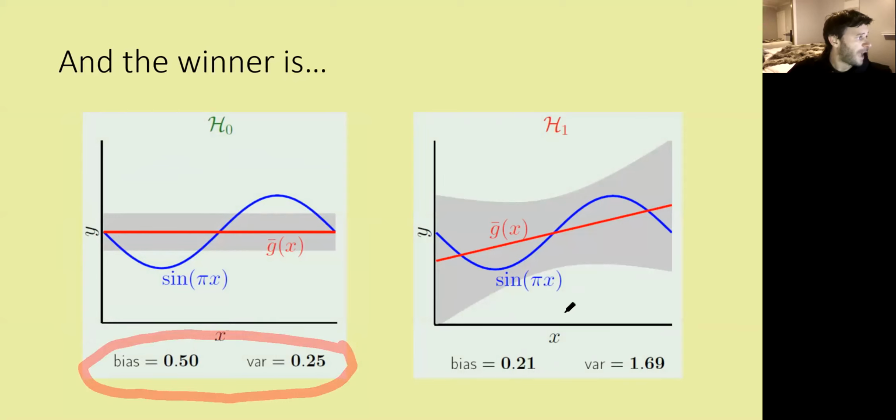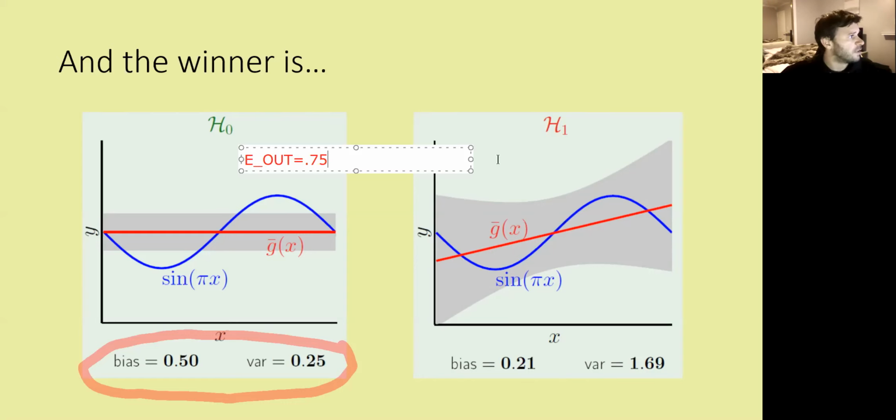You'll notice if I add the bias and the variance together, that gives me my measure of E out. So in that left diagram, we're dealing with a situation where E out is equal to 0.75. And again, the only way we could measure that in this case is because we knew what the population function was. We picked that sine function to simulate to begin with.